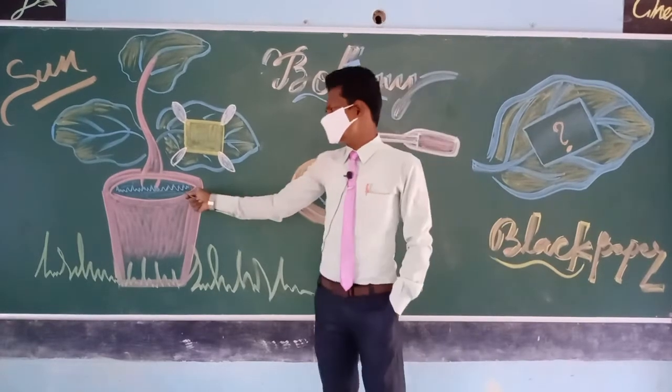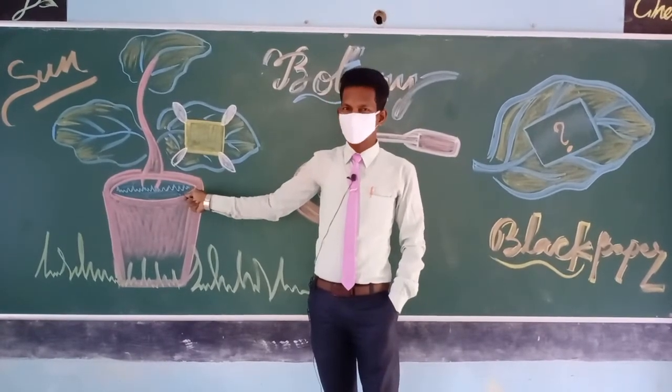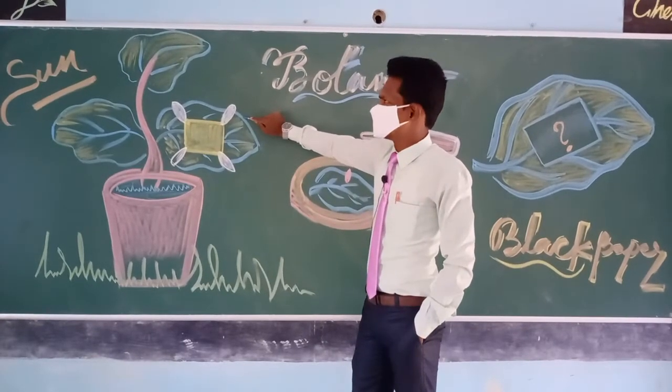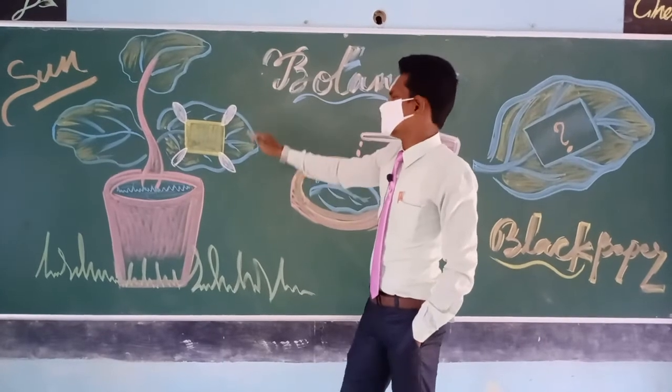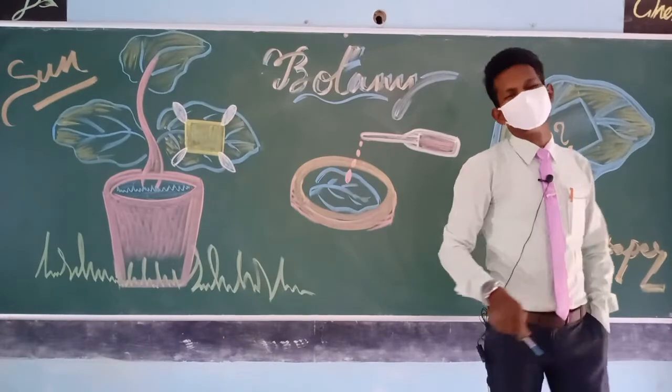We have to take a fresh and healthy potted plant with matured leaves, and the plant should be de-starched before the experiment. So the plant should be kept in a dark room for a few days, up to 1 week or 10 days.